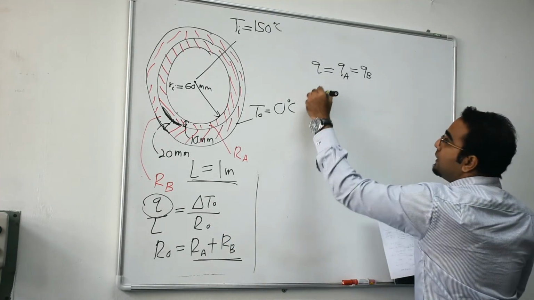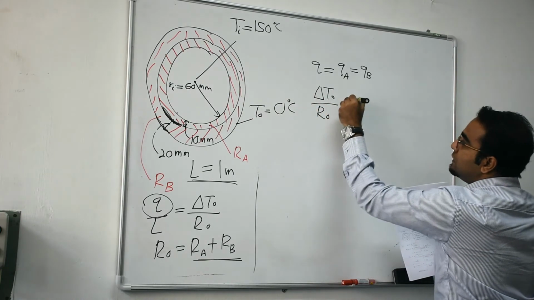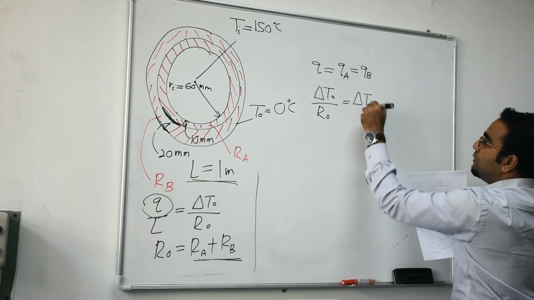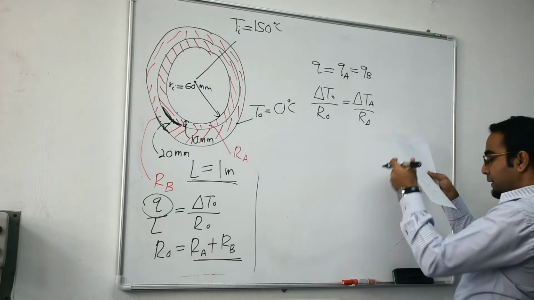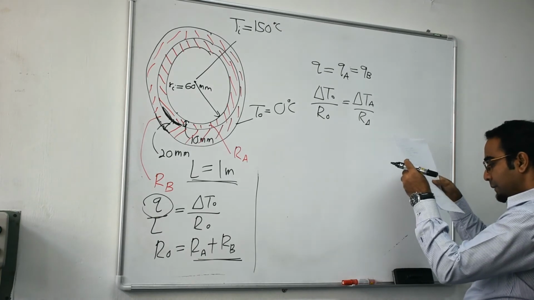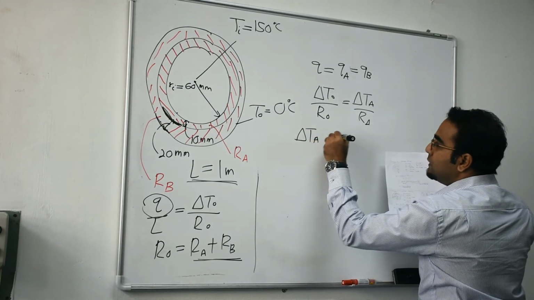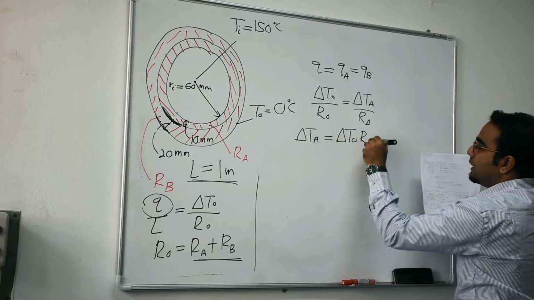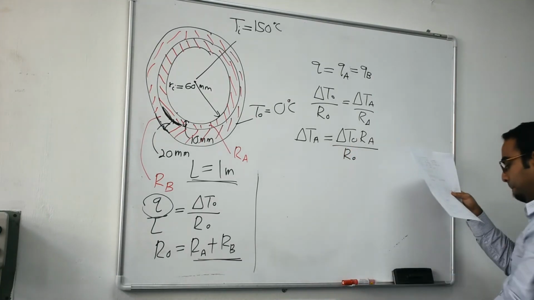So we can write delta T overall over R overall is equal to delta TA over RA. So we want to find the delta TA. Delta TA is going to be equal to delta T overall times RA over R overall.